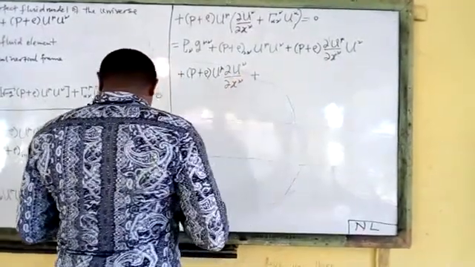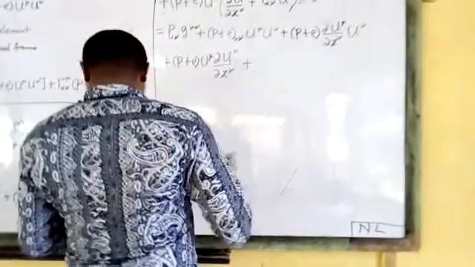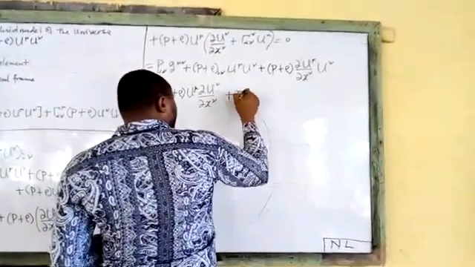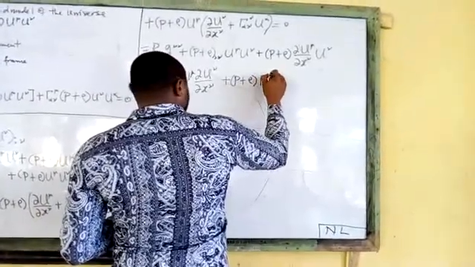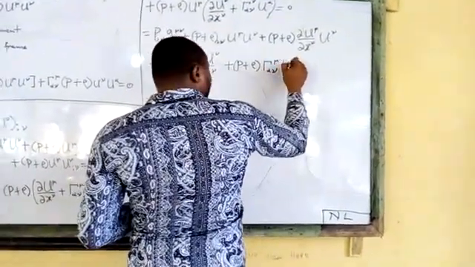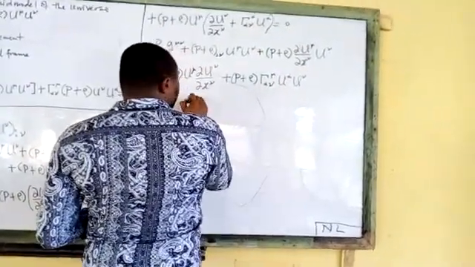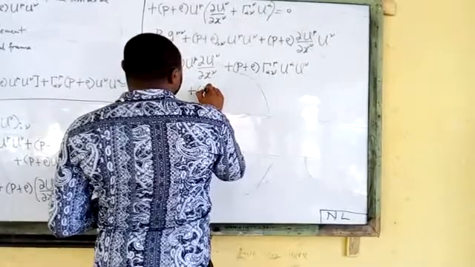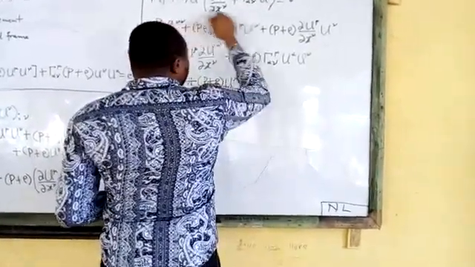Then plus the second term of this, which will be this times that times that. So this is going to be plus p plus rho, gamma mu alpha nu, I have here u alpha and u nu. Then finally plus p plus rho, which is this u mu. I'm multiplying it with this.